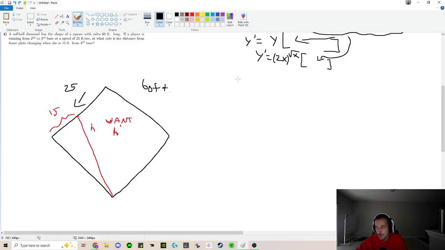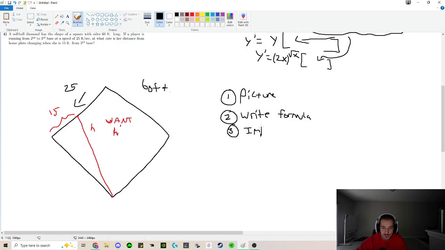Okay, so all these related rates problems are going to boil down to: step one is draw your picture. Always draw your picture. Step two is write a formula. Step three is implicit differentiation.